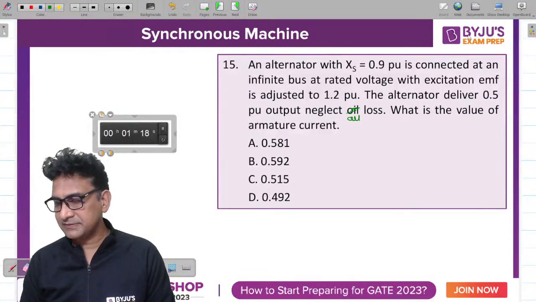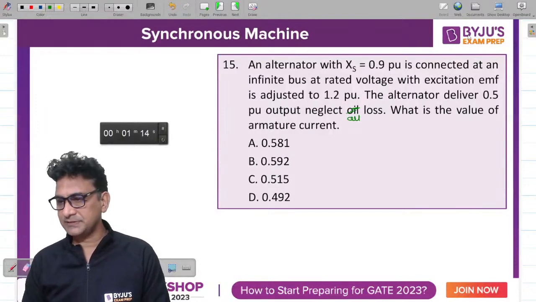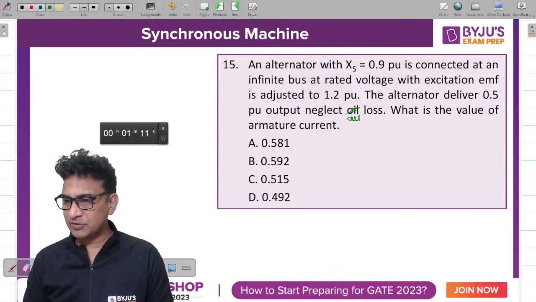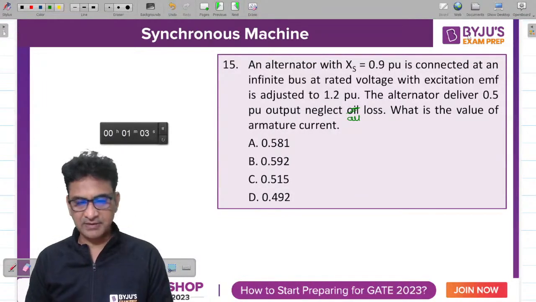Only Neeraj has solved till now. He is giving C as the correct option. What about others? Just find out the value of armature current when Ef is given, Vt is given, power is given.